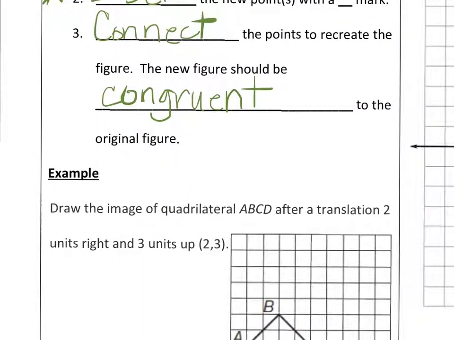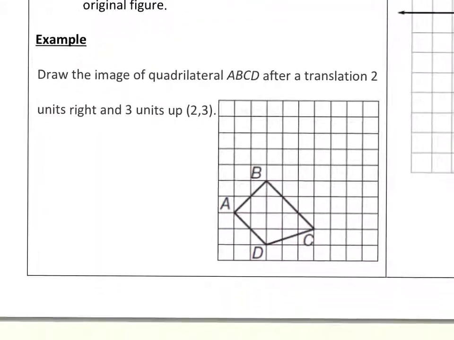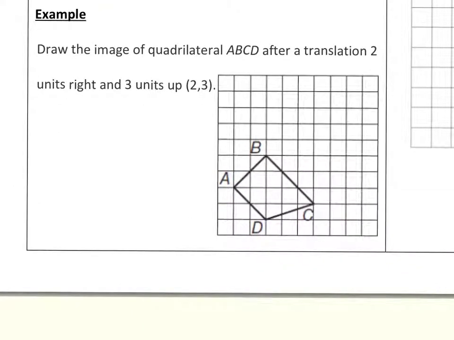So let's go ahead and take a look at our example here. It says, draw the image of quadrilateral ABCD after a translation of 2 units right and 3 units up. And notice that in parentheses, they've put the translation almost like an ordered pair. In fact, sometimes they won't give you the specific directions. They'll just say translate it 2, 3.